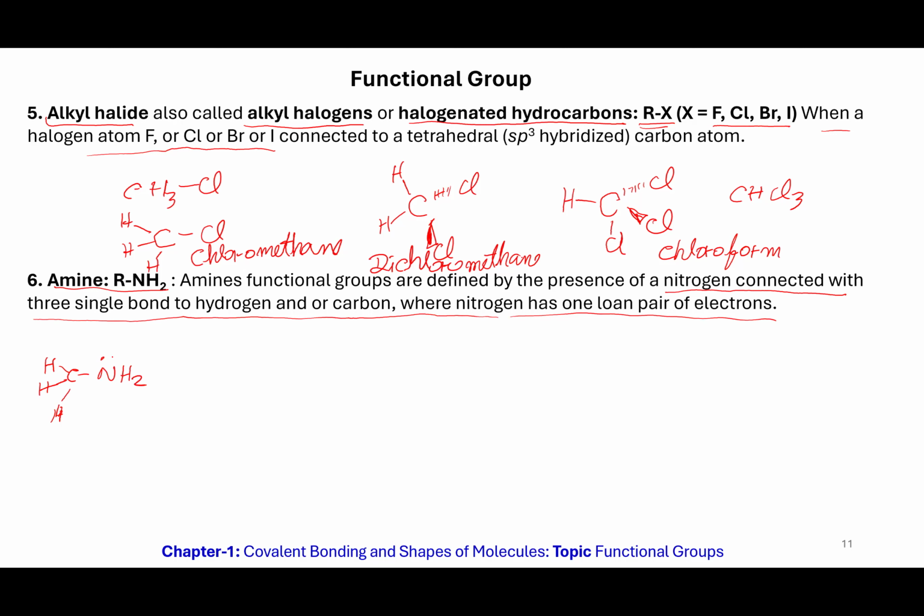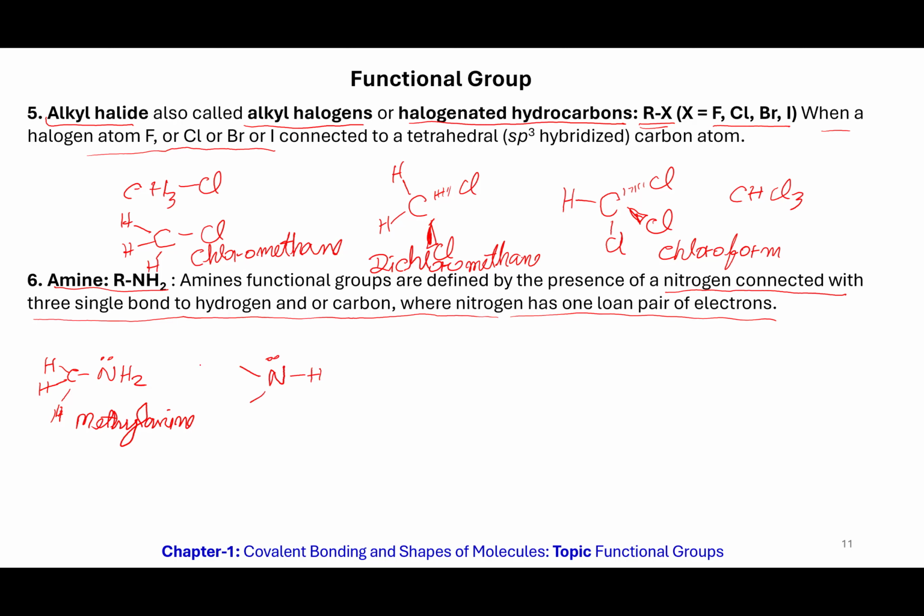And nitrogen has 1 extra lone pair of electrons, which is called methylamine.